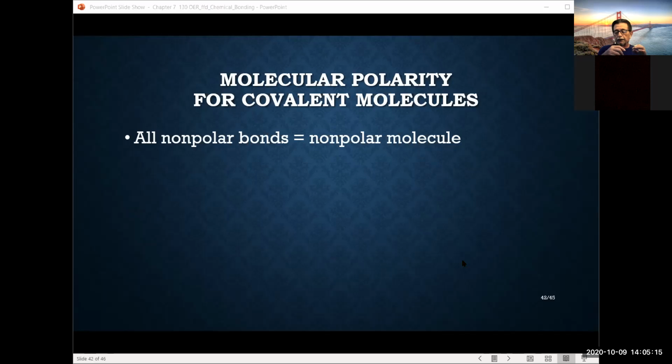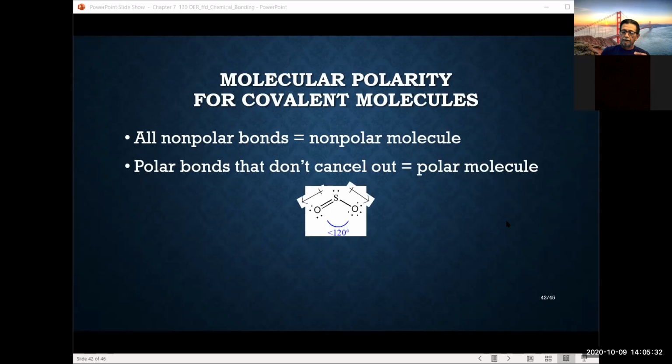So, as I stated before, when I was talking about polar bonds, when within the molecule all of the bonds are nonpolar, then you can say that I have a nonpolar molecule. Okay? When the polar bonds do not cancel out, you have a polar molecule.